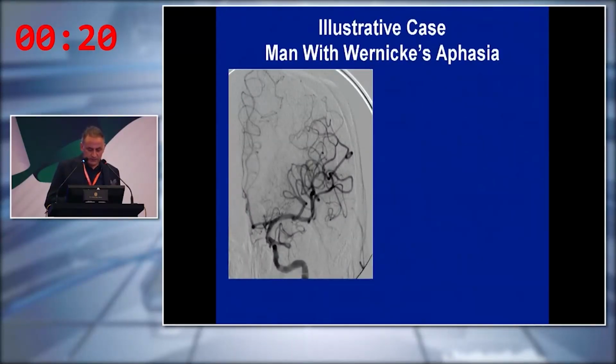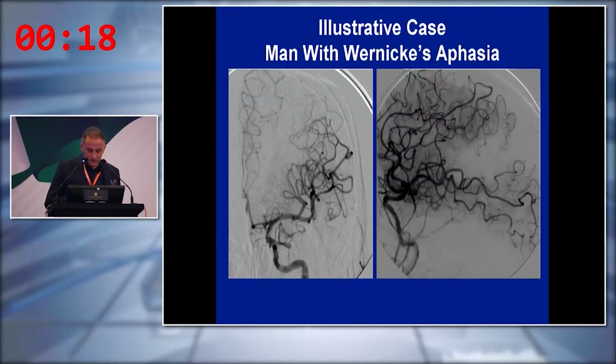For example, if you look at this patient, I don't know, as cardiologists, can any of you tell me where is the stump, where is the occlusion? You know, this is AP and lateral, but it's not that clear. There is occlusion here. If you look at the lateral side, there is no vessel here.